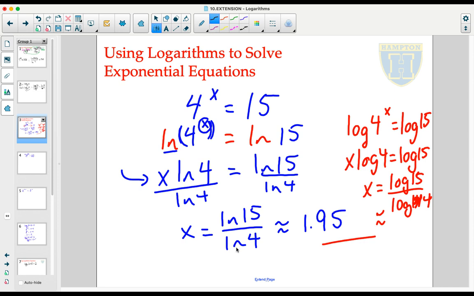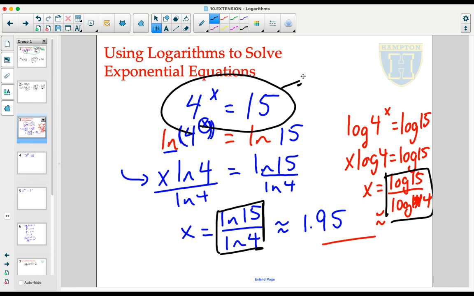Both of these expressions should have looked a little bit familiar. If we walk back to the beginning, this equation can be rewritten as log base 4 of 15 is equal to x. This is not a log that we have a calculator button for.